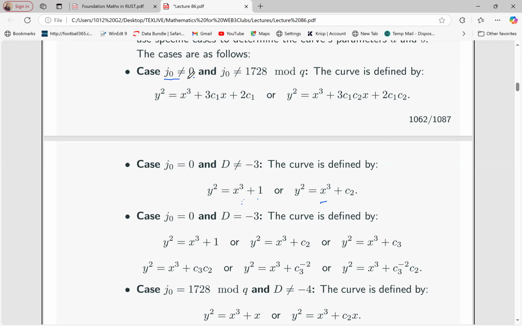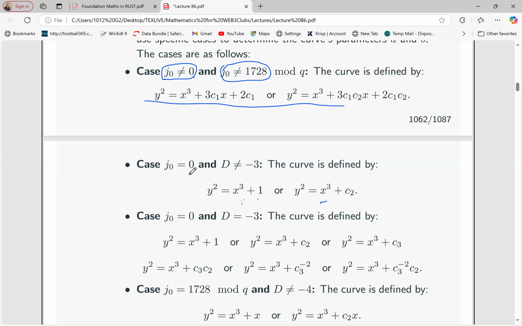So the J invariant would be either 0 or not 0, or 1728 or not 1728. If it's not 0 and not 1728, that means something else. There are only these two cases to consider.